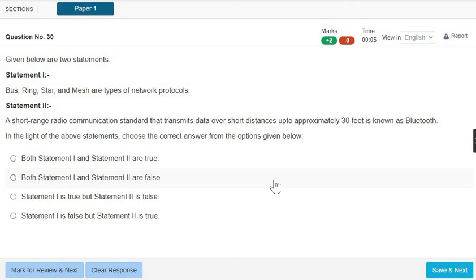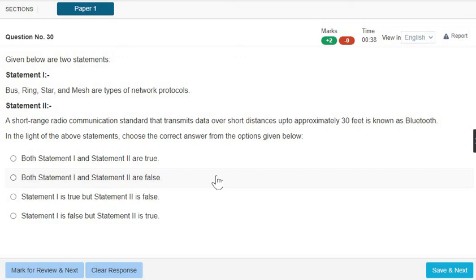Bus, ring, star and mesh are types of network topologies. A short-range radio communication standard that transmits data over a distance of 30 feet is known as Bluetooth.